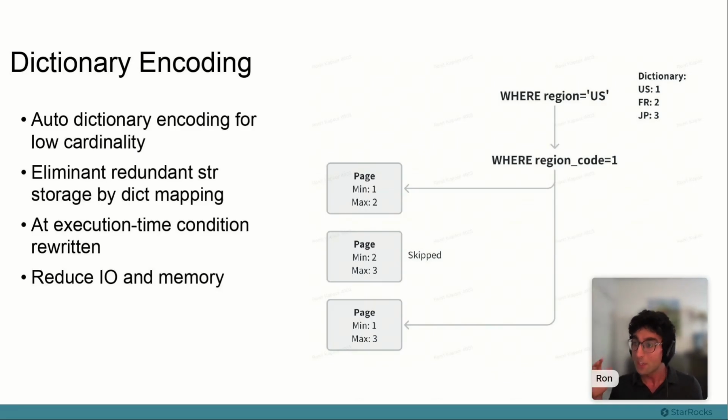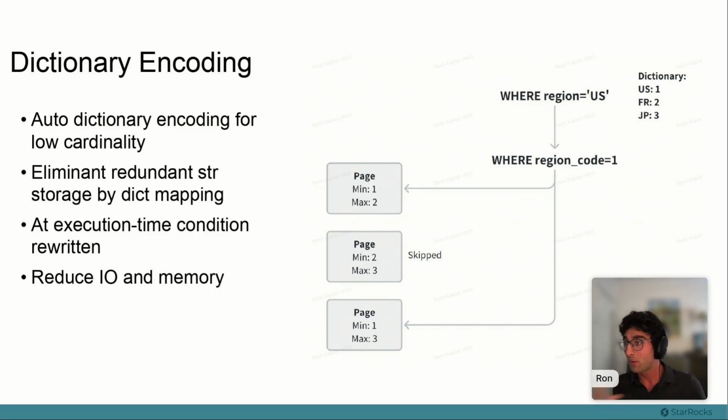So the first one is dictionary encoding, otherwise known as auto dictionary encoding. What this does is, say we have a lower cardinality field that we're querying, we can at query time translate that condition to a dictionary that we have behind the scenes.